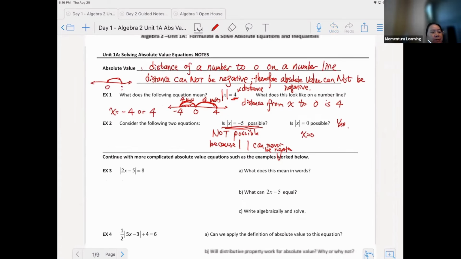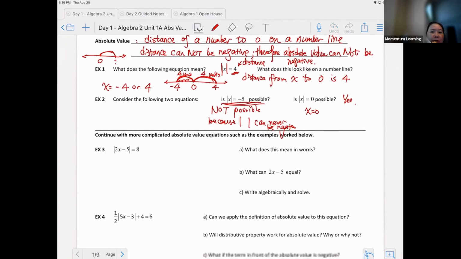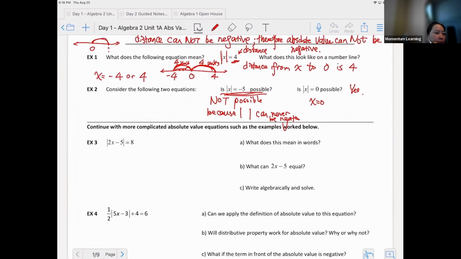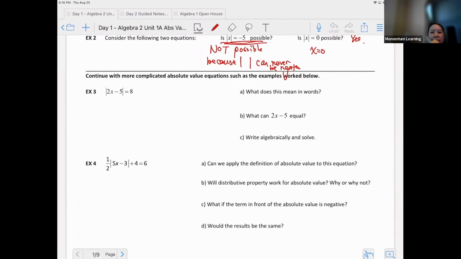Now with this definition and just 2 simple examples, let's look at a little more complicated example. Example 3: absolute value of 2x minus 5 equals 8. What does that mean? Remember the definition.